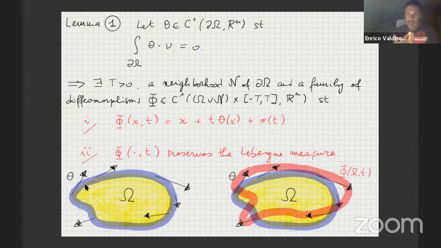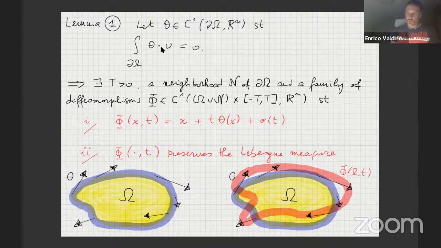So you would like to use the vector field defined only on the boundary of omega to produce something that looks like a continuous deformation, not only of the boundary, but of the full set, and possibly in a neighborhood of the full set, okay?